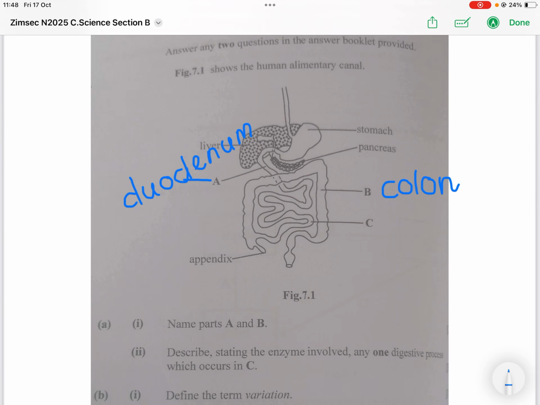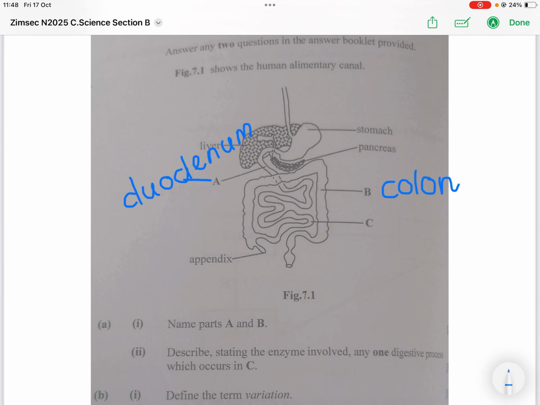And then we now need to proceed to part 2. Describe, stating the enzyme involved, one digestive process which occurs in C. So this is the ileum, or the small intestine. The final stages of digestion and absorption take place in the ileum. So we have the enzyme known as maltase.